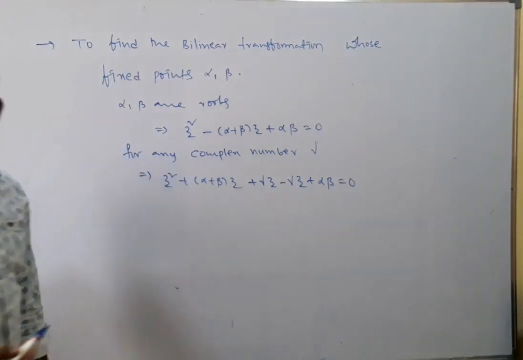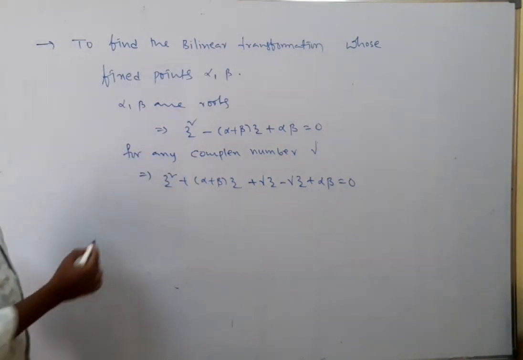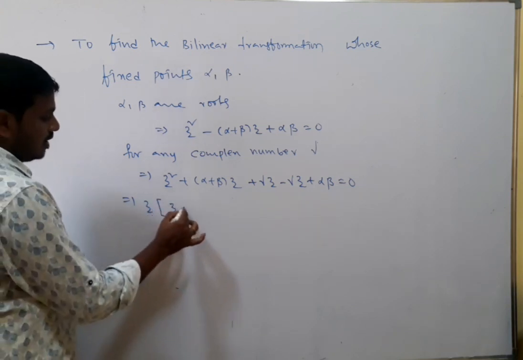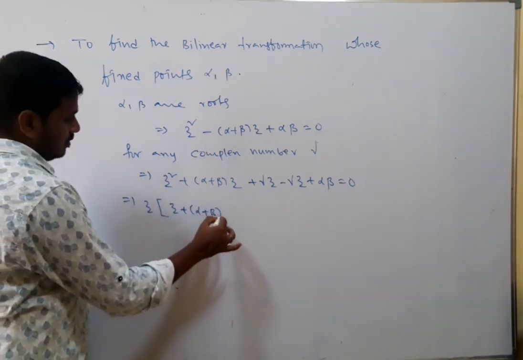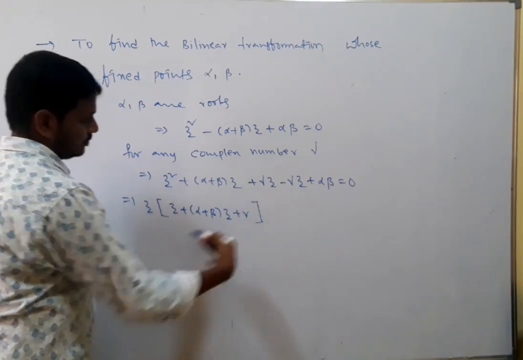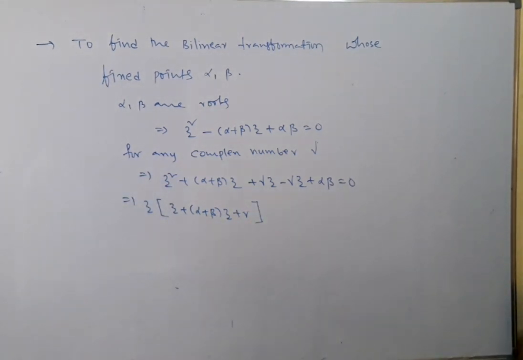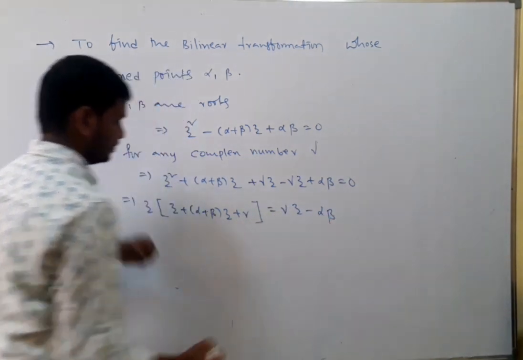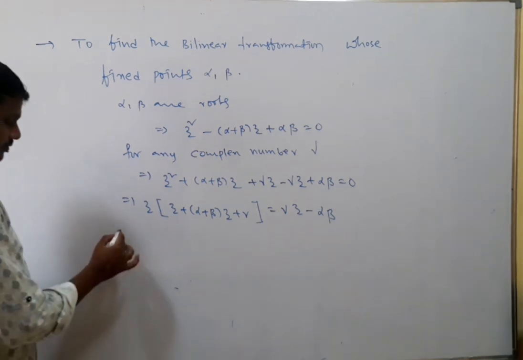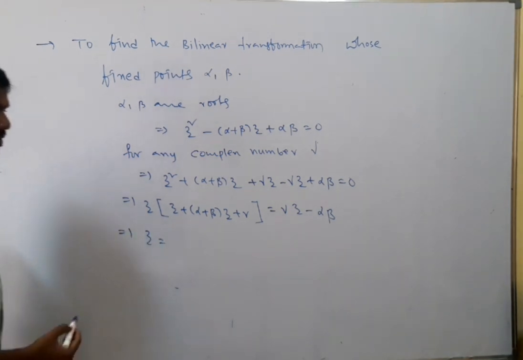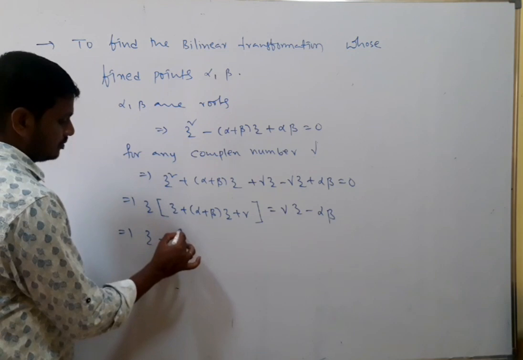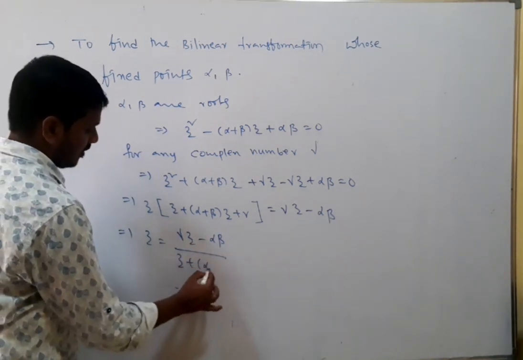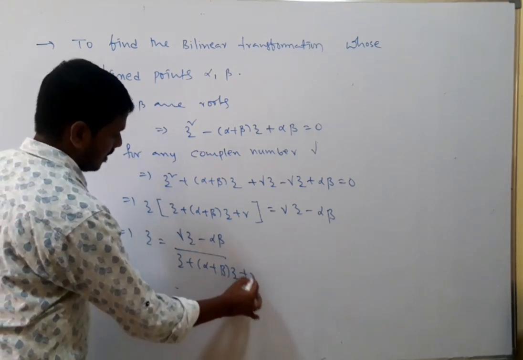I am adding γz and subtracting γz. So I take z common: z(z − (α + β) + γ) = γz − αβ. So this can be written as z = (γz − αβ)/(z − (α + β) + γ).